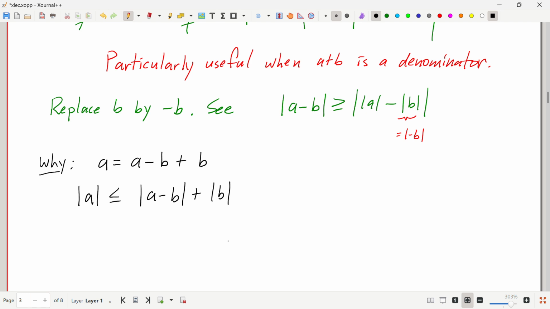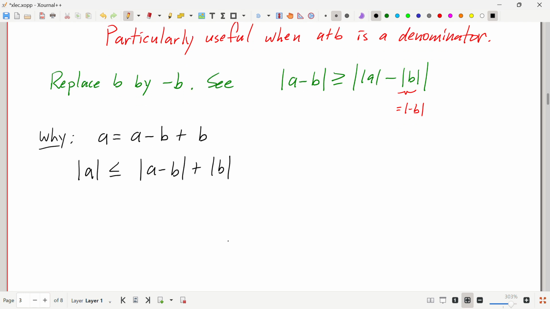Okay, well, that doesn't look like what I want. It kind of looks like a piece of what I want. This would give me absolute A minus absolute B is less than or equal to absolute A minus B. That's kind of half of what I want.